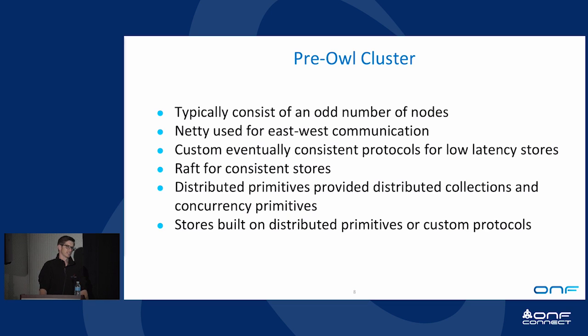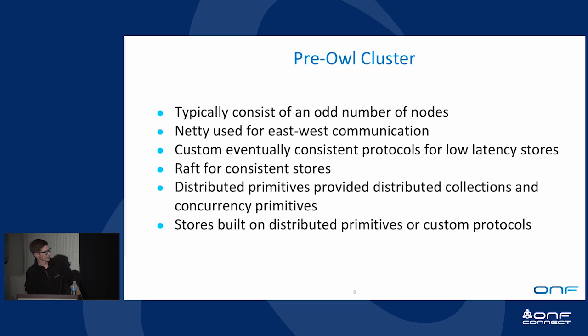The ONOS cluster typically consisted of an odd number of nodes: 3, 5, or 7. NetE is used for east-west communication. The stores are mostly written in 2 ways. A lot of the stores use consistent primitives for persistence and replication, and the ones that don't typically use either an eventually consistent primitive or a custom eventually consistent protocol.